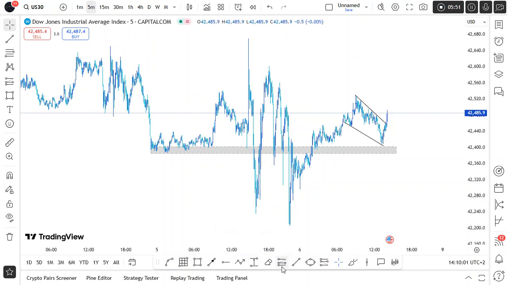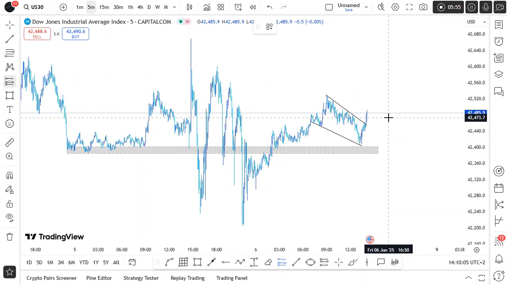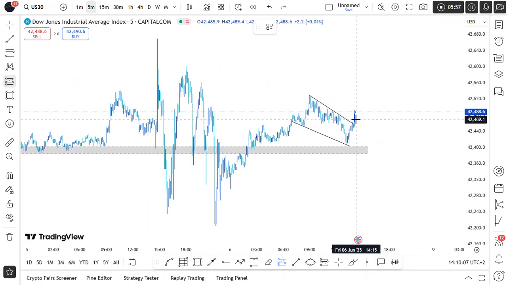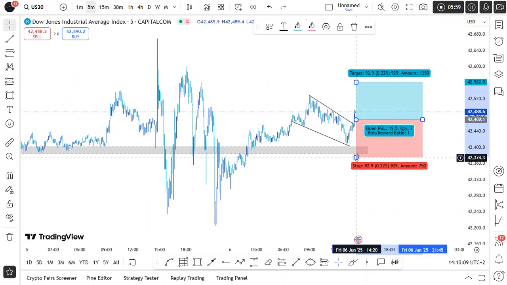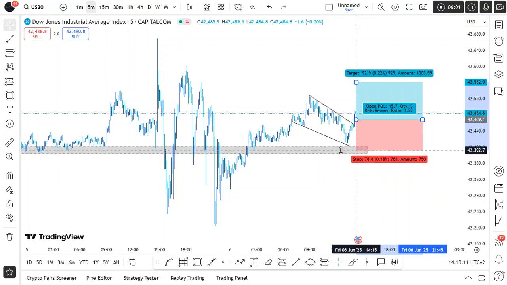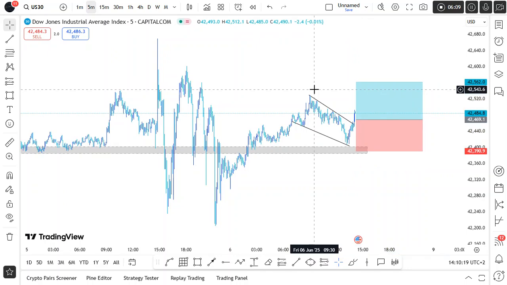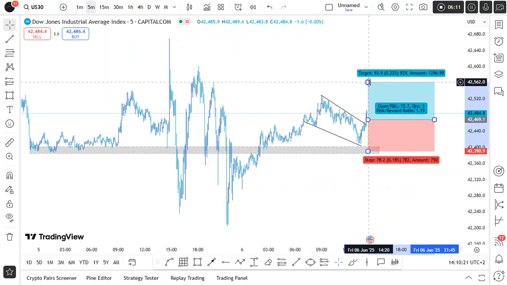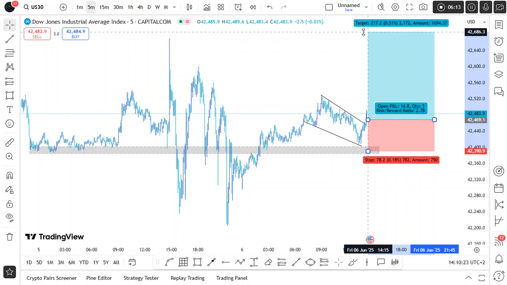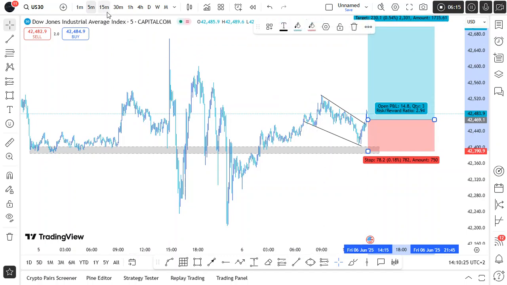So I will have this as my entry. I can maybe just wait for it to come back here. Then stop loss will be below the entry. I'm targeting 3% and above.